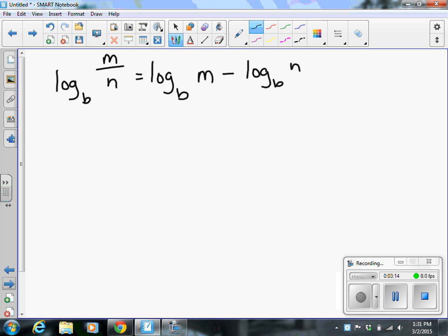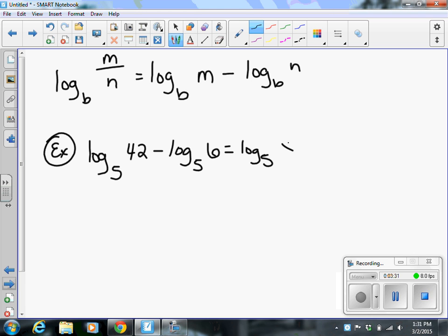So for instance, same kind of concept applies like the first examples. Log of base 5 of 42 minus the log of base 5 of 6 equals the log of base 5 of x. Notice, in all of these, all of my logs, their bases are all the same.